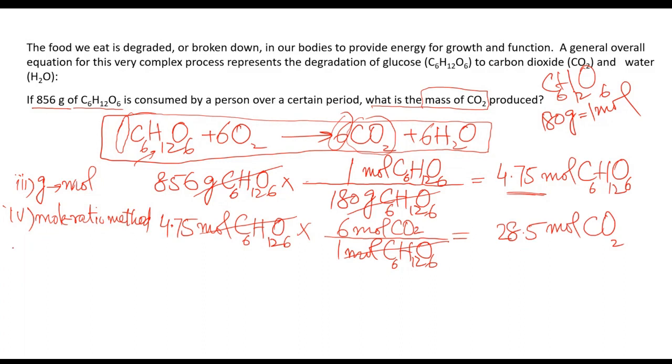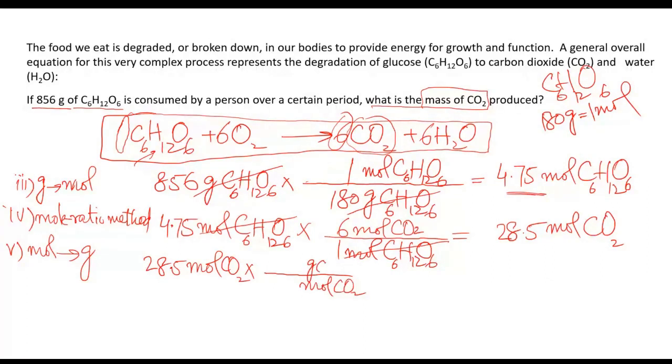Now, what is step number 5? Change mole to gram. Very good. Excellent. So take your answer from step number 4: 28.5 mole of CO2, multiply, divide. What will you write down? Mole of CO2 and here gram of CO2.